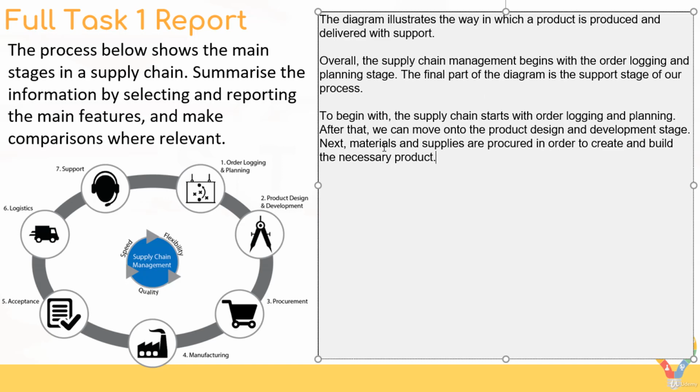Okay, let's just have a quick read back. To begin with, the supply chain starts with order logging and planning. After that, we can move on to the product design and development stage. Next, materials and supplies are procured, and there we have an example of a passive sentence, are procured, in order to create and build the necessary product.